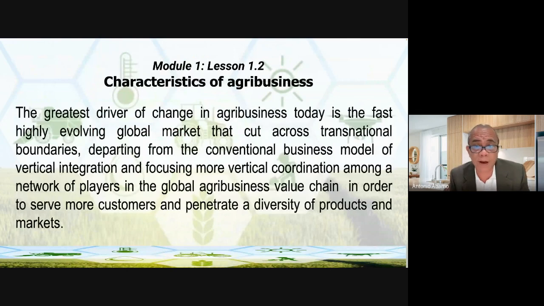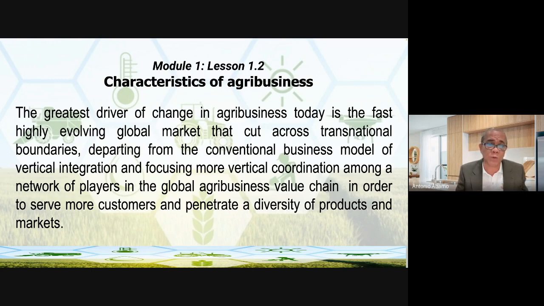The greatest driver in today's agribusiness, though, is the fast evolving and changing global market. That's the challenge really this time. Because of the free flow of information, each one influences the other. Now it will trigger ever-changing consumer taste and preference, and that is the new normal for today.